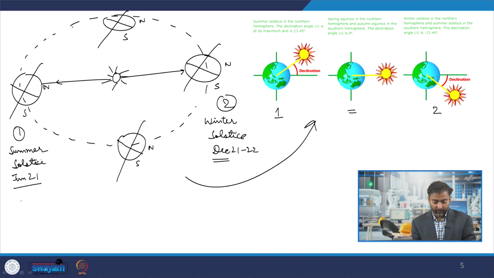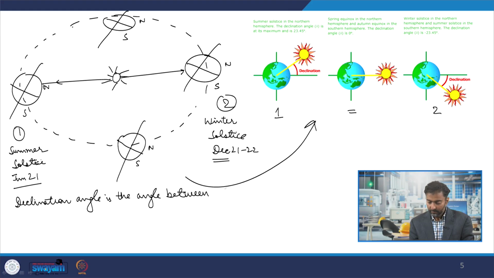If I want to formally define, I would say declination angle is the angle between the beam radiation of sun and the equatorial plane.